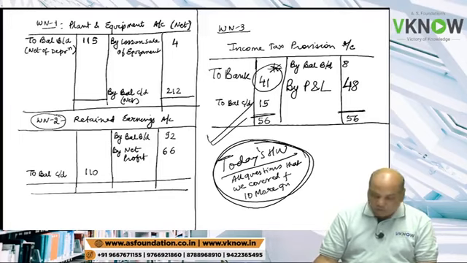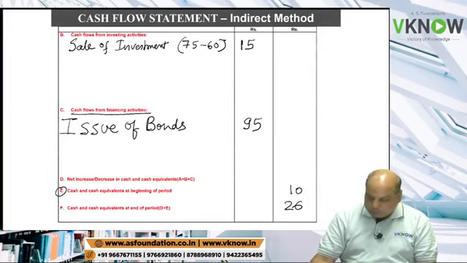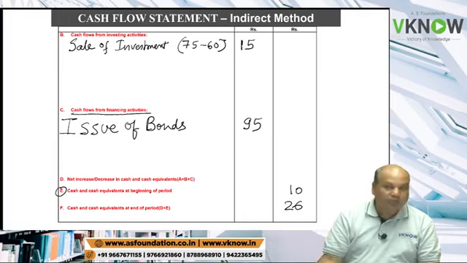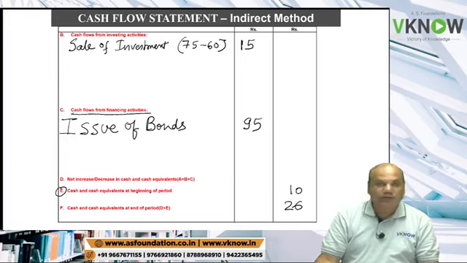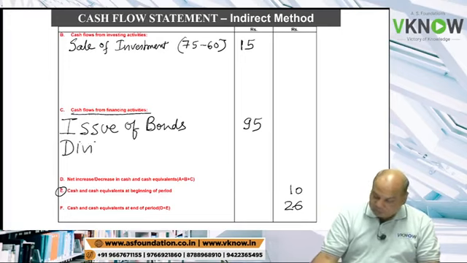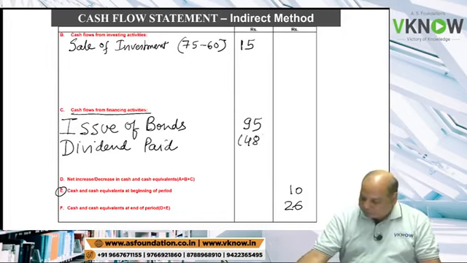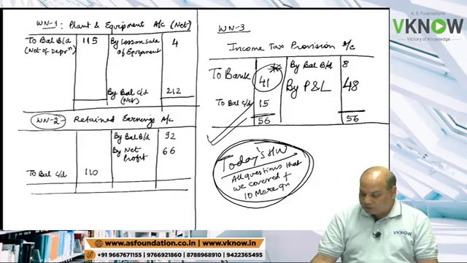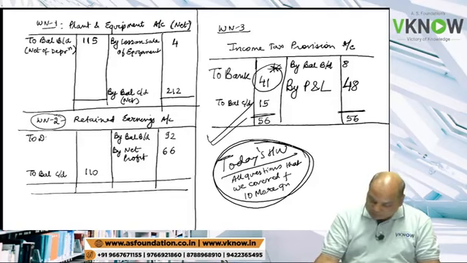Now come to additional information. Dividend of rupees 48 crore was paid in 2014. So I will write down in financing activity, dividend paid 48, and in retained earning account debit side, to dividend payable 48.